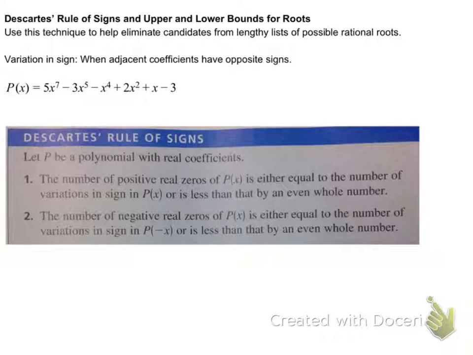But before we talk about that, we need to talk about the fact that, sure, we made a list of potential candidates for rational zeros, and sometimes these lists only had 3 or 4 options.